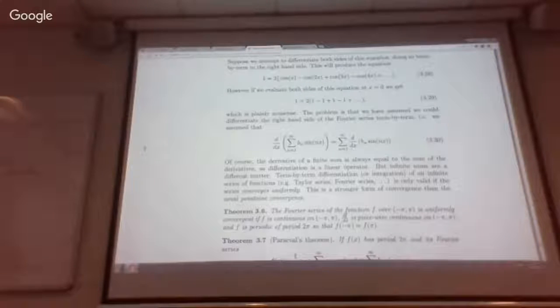So that's what the next two theorems, theorems 3.6 and 3.7, are about. But before we get to those, we need to give you a little bit of background about this idea of a sequence of functions converging to a limit function. So we'll do that now.